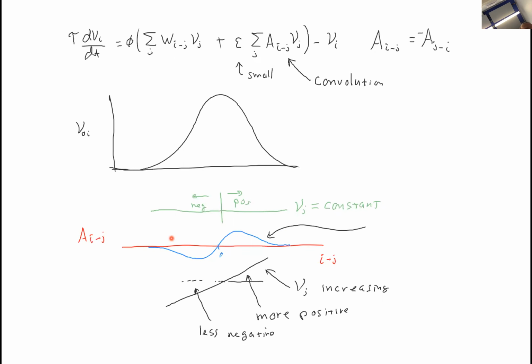There aren't that many options for smooth curves, right? For this shape of A I minus j.